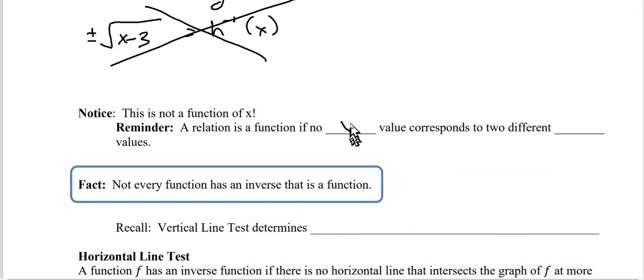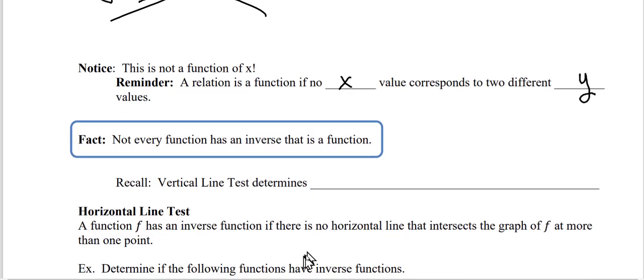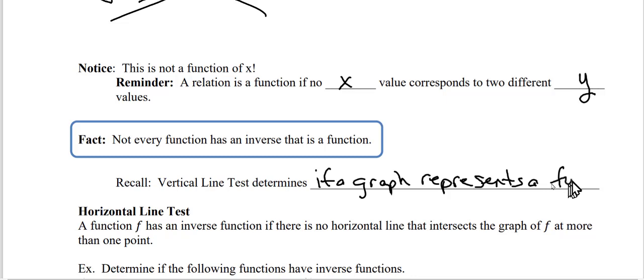Just a reminder, a relation is a function if no x value corresponds to 2 different y values. So an important fact here: not every function has an inverse that is a function. One more reminder, the vertical line test determines if a graph represents a function.